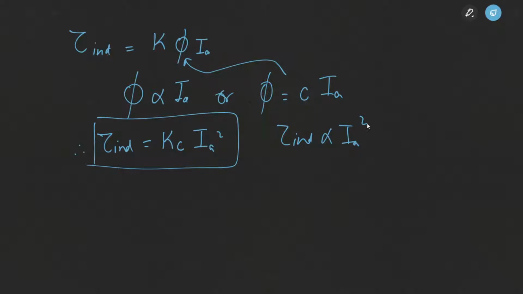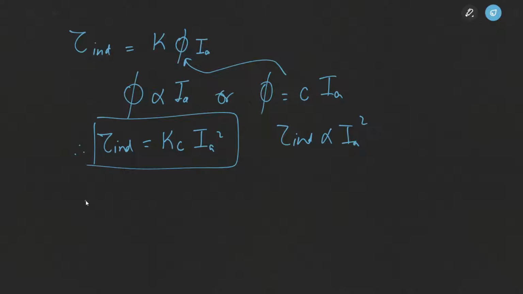As in case of a number of traction systems, we prefer to use DC series motors, or in cars or elevators, any traction devices, locomotives. There we prefer to use a series motor because of the simple fact that the torque produced in a DC series motor is more per ampere of current flowing through the DC machine.